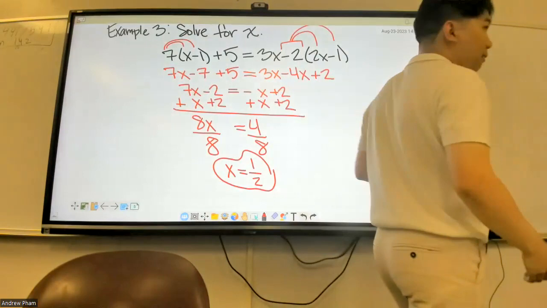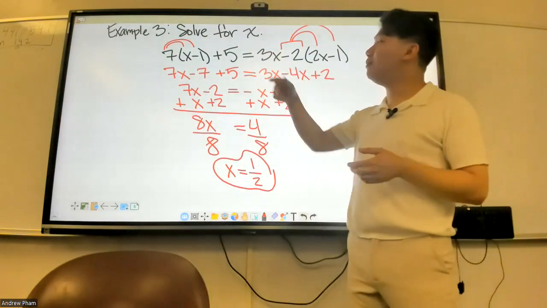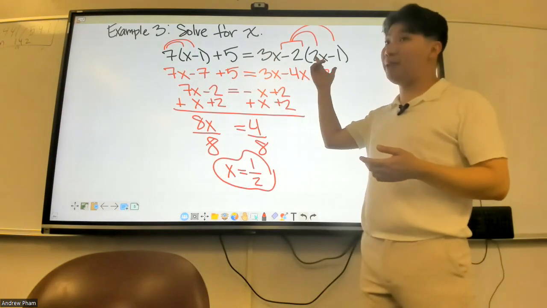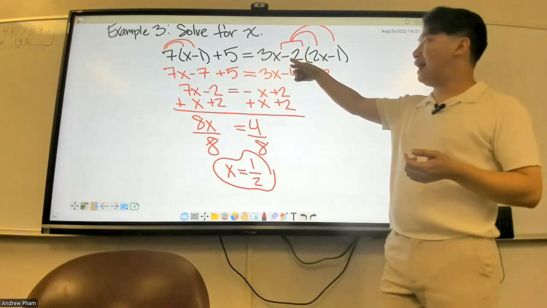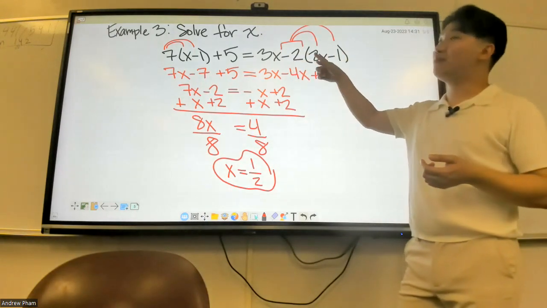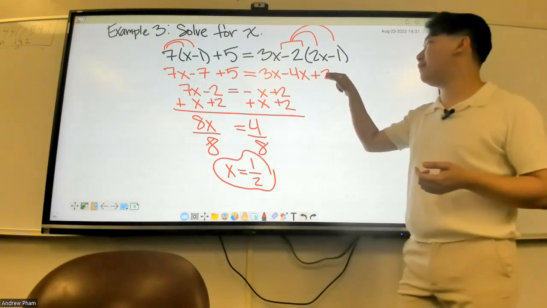And then I just bring down the +5 because I'm just carrying it over. I didn't change the 5 at all. And then I can do the same thing on the right. 3x stayed the same. And then multiplying this -2 out. -2 times +2x, I get -4x.